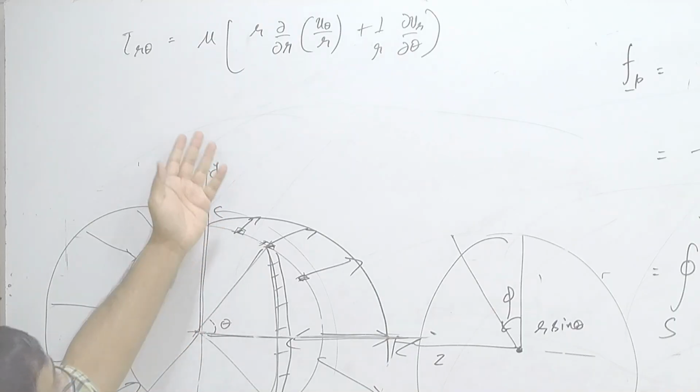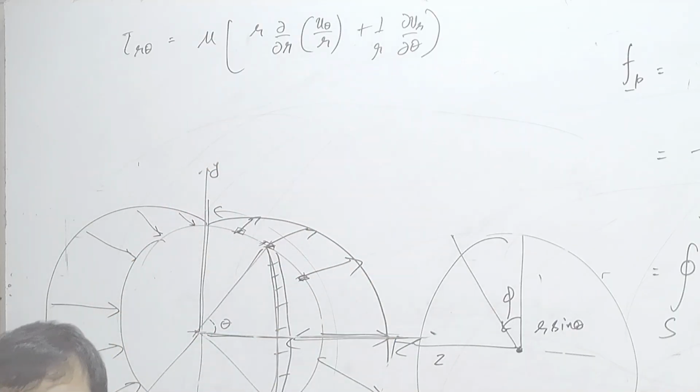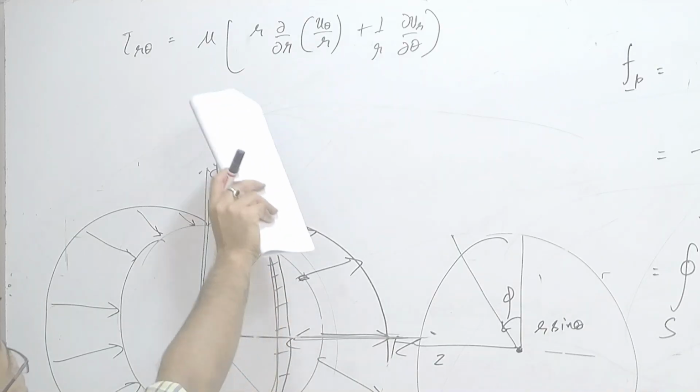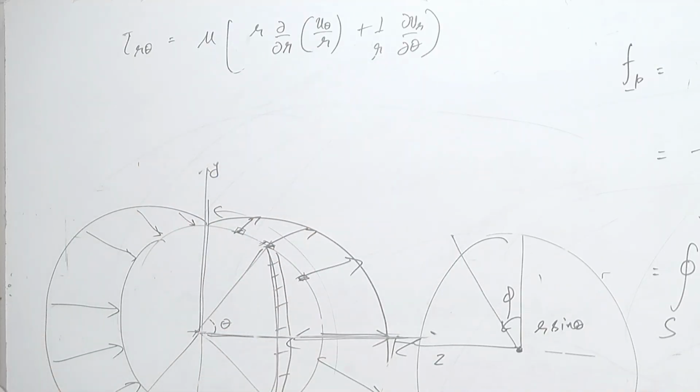Now some of you might ask, how do I know that these are the definitions? There's no shame in looking at textbooks for these definitions. It comes through practice that you will know it off the top of your head after some time. Even I, at this point in my career, don't know them off the top of my head, and I'm not ashamed of that. There's no way you can memorize them.